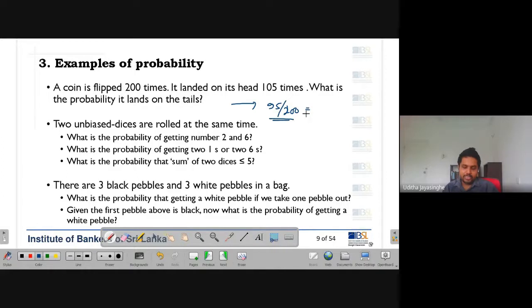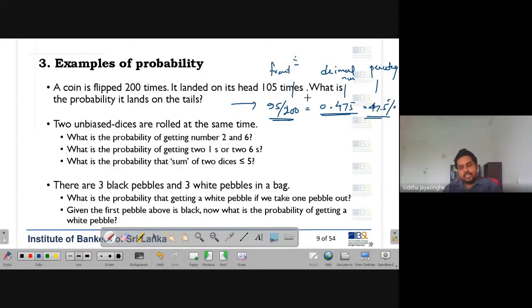If you take it in a different aspect, 0.475 is also a good answer. 47.5% is also a good answer. So any of these methods will be accepted as the final answer. It could be a fraction, a decimal number, or a percentage. Same number.